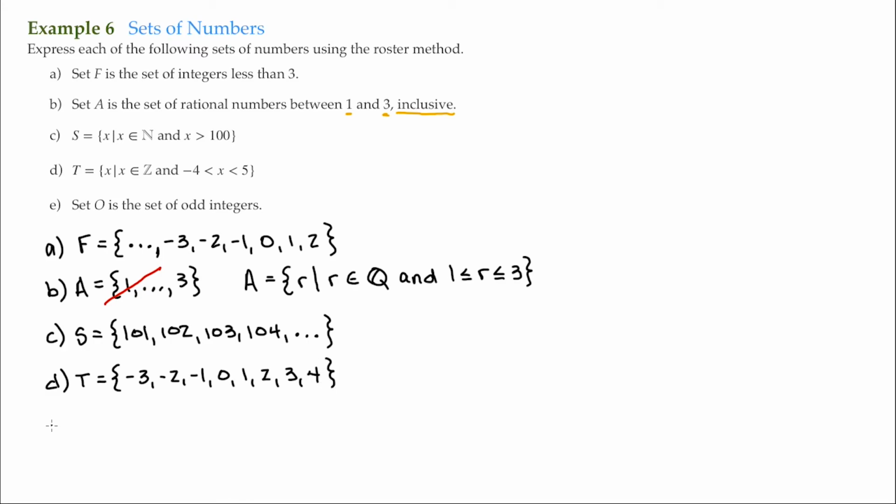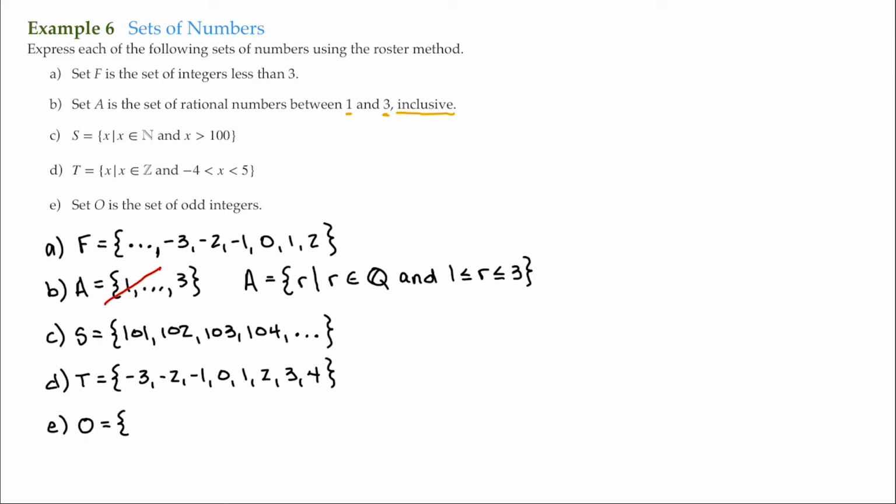And then finally for E here, set O. And you could see for here, this is a word description. We have another word description. Here we have set notation. For D, we have set notation. And for here, we have another word description. And of course, it says set O is the set of odd integers. So O, and I'm going to list all the odd integers.